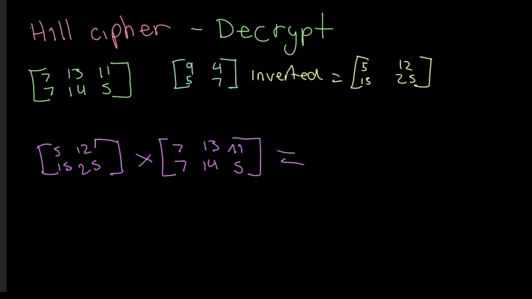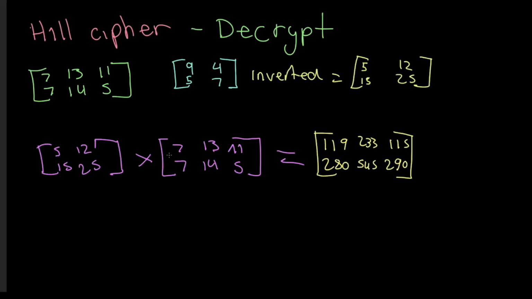And when we times that out, we get some big numbers, well, not really, but it's 2 by 3. So we get 119, 280, 233, 545, 115, and 290. So that is our inverted key times our ciphertext.